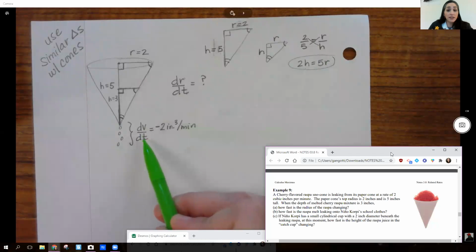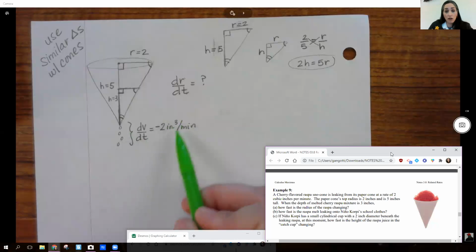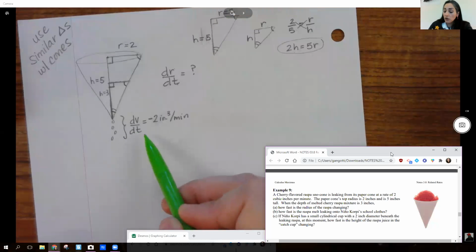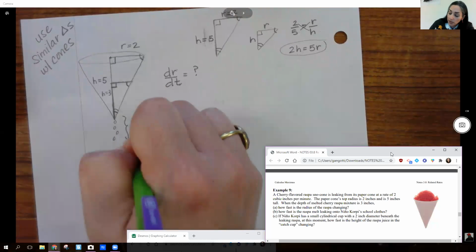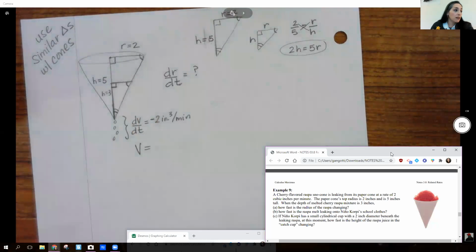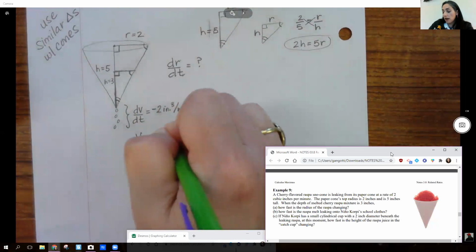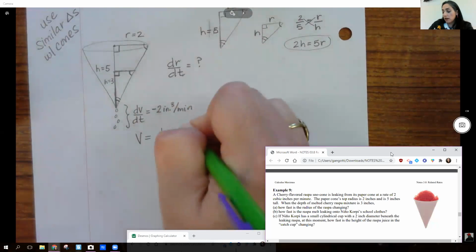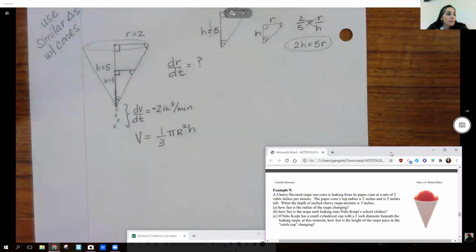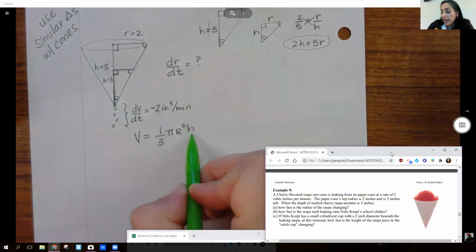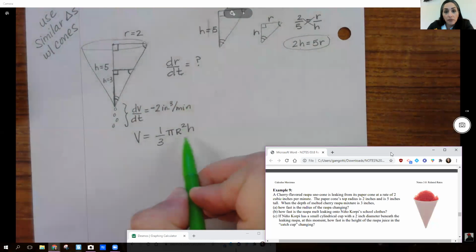The volume has some information there. So it's the volume of the cone, and we need that formula: V equals 1/3 pi r squared h. See how you have two variables here?